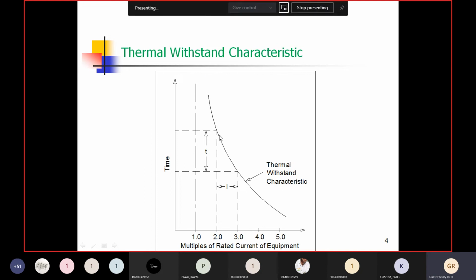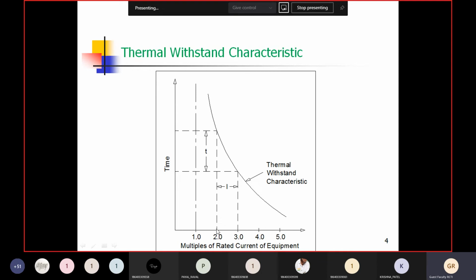The curve never crosses 1 anywhere. So what does it indicate? This curve indicates your thermal withstand characteristic. With respect to this curve, you can find out the time for which the induction motor can withstand that current.